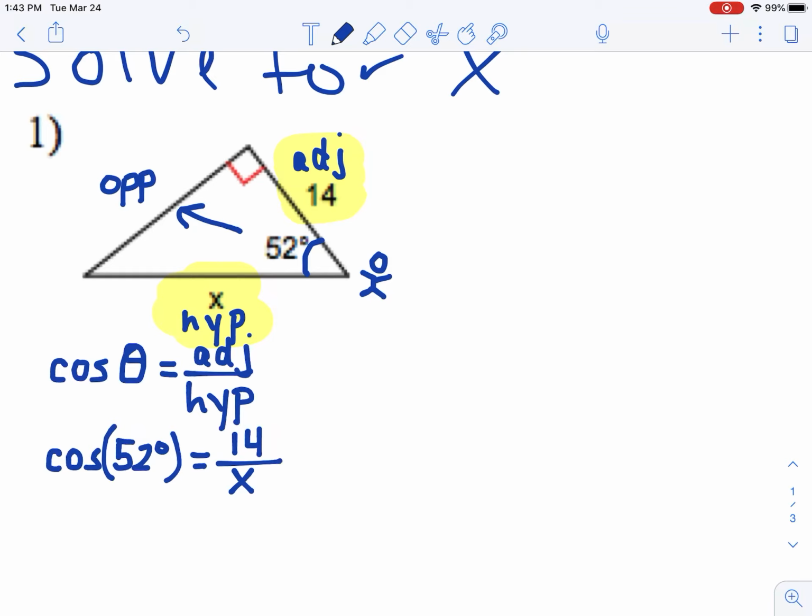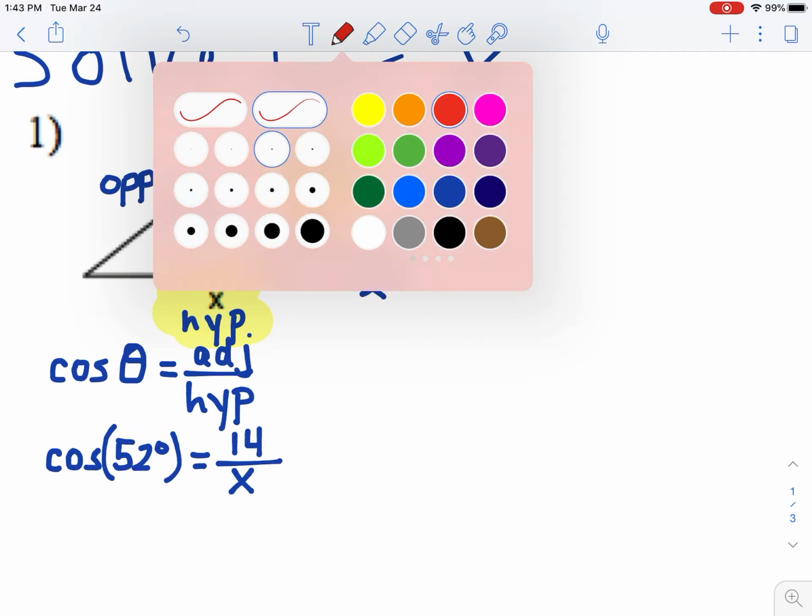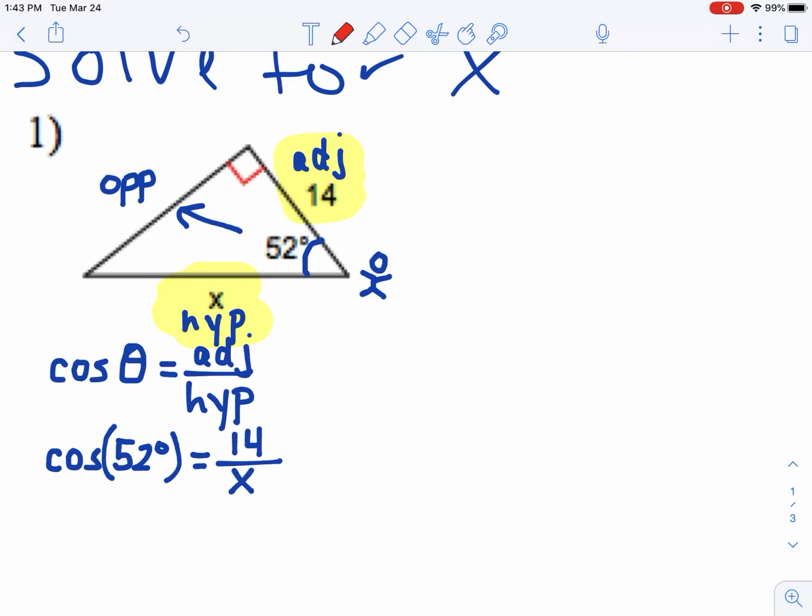Now, if I were to solve for x, I could, right, if I want to get x by itself. I don't like having x in the denominator, so I'm going to multiply both sides by x. I mean, that's still not getting x by itself, but we're getting closer.